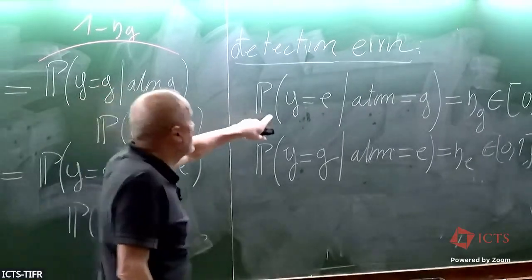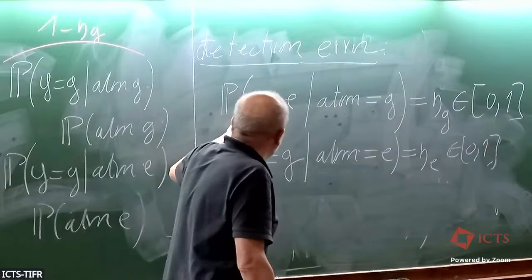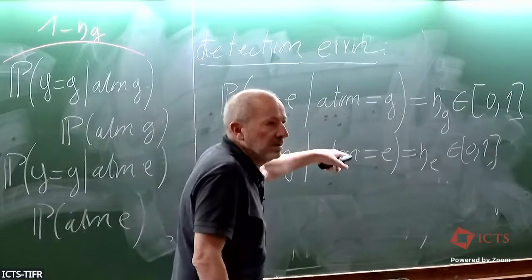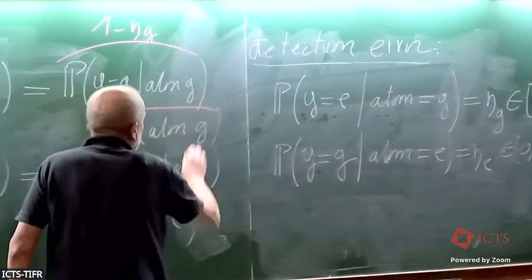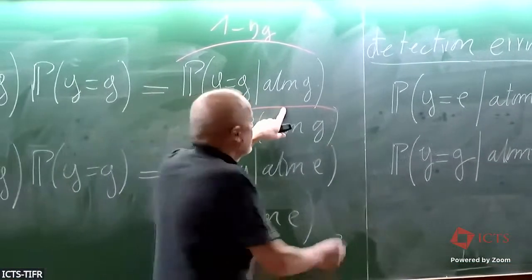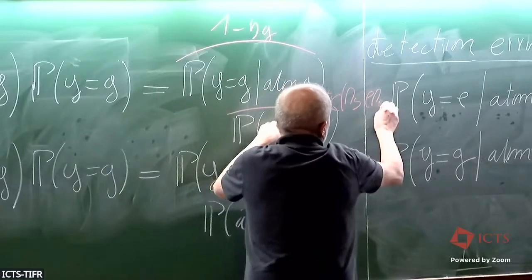Because the probability of atom in G, Y in G, plus atom in G, Y in E, is 1. So I know this guy. This, it is the trace of Mg rho Mg dag.